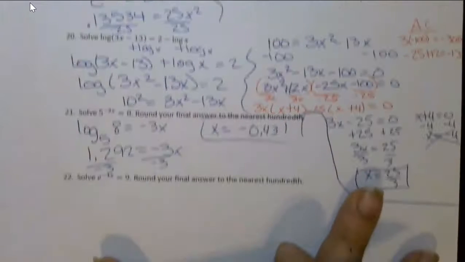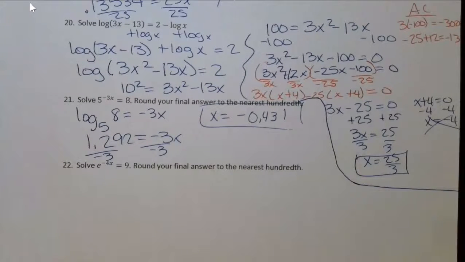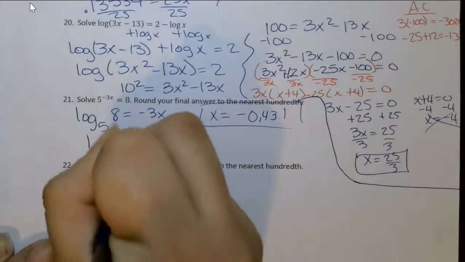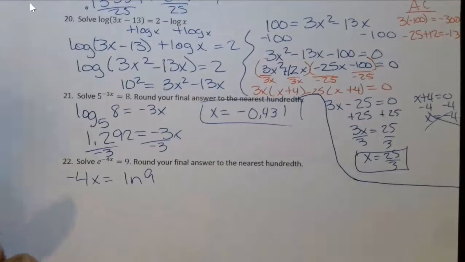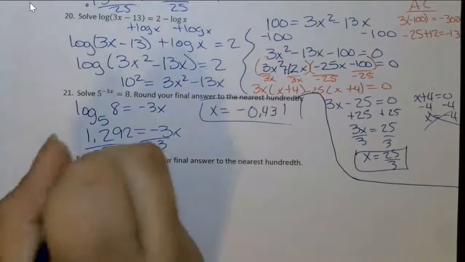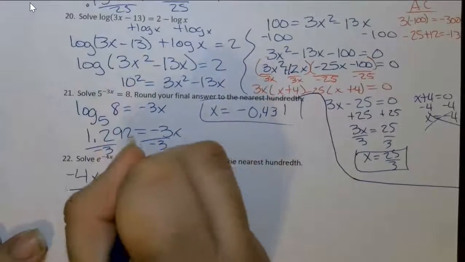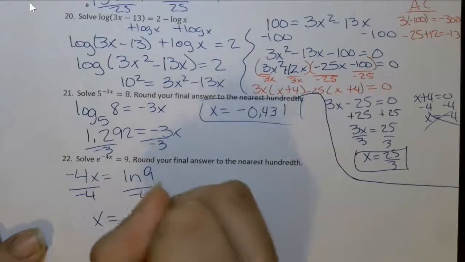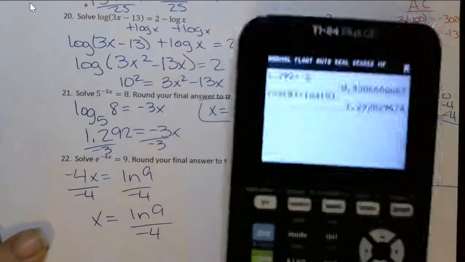Okay. Number 22 wants us to solve. Since this one is an e-base, I can rewrite it as negative 4x equals ln 9. What I'm going to do for this one is divide by negative 4 on both sides before I type it into the calculator, so it'll do all the math for me without the decimals.